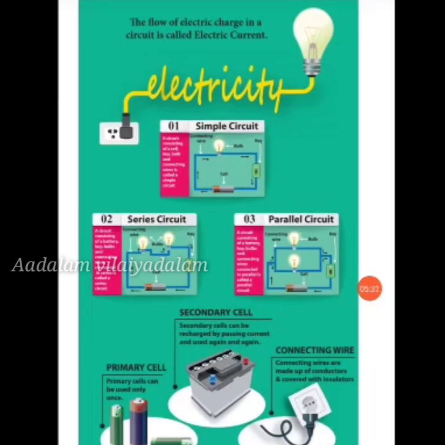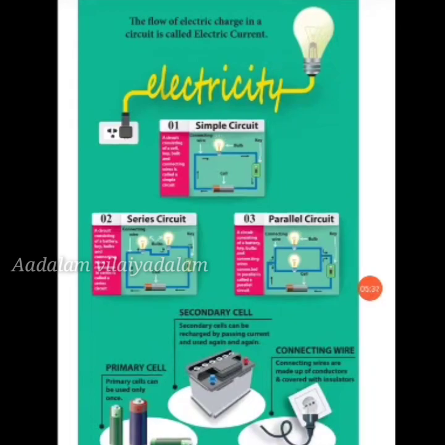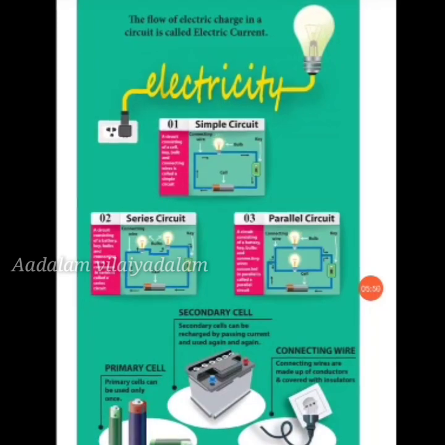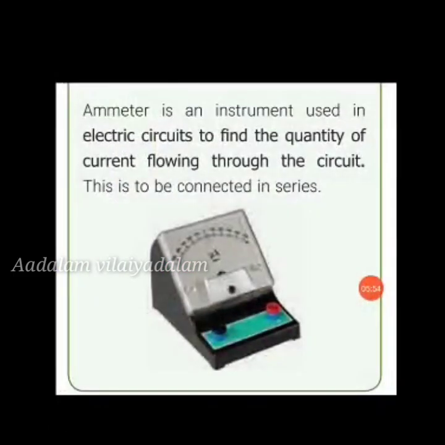The flow of electric charge in a circuit is called electric current or electricity. So the electric circuit has three types. What are they? Simple circuit, series circuit and parallel circuit. And cell has two types: primary cell and secondary cell. Clear?